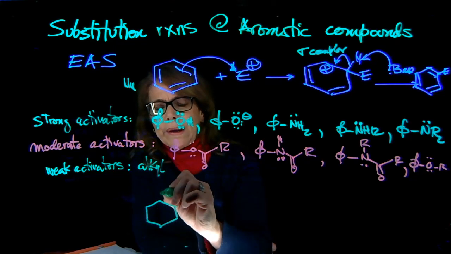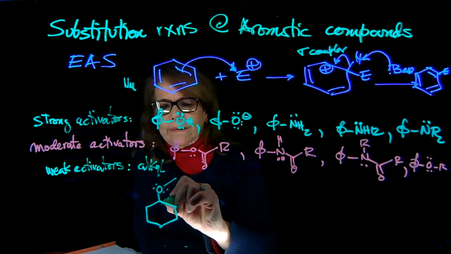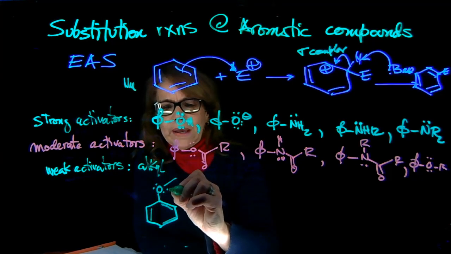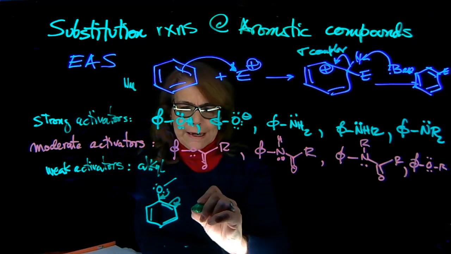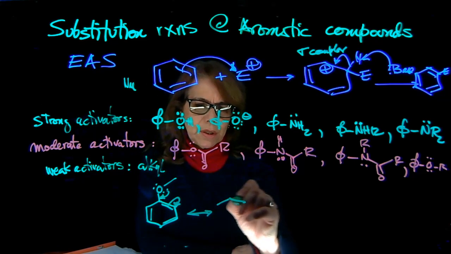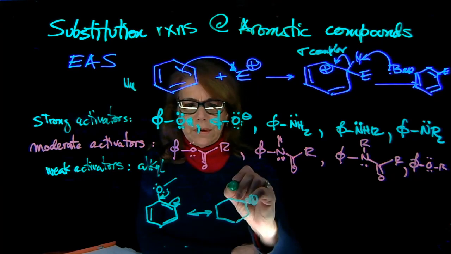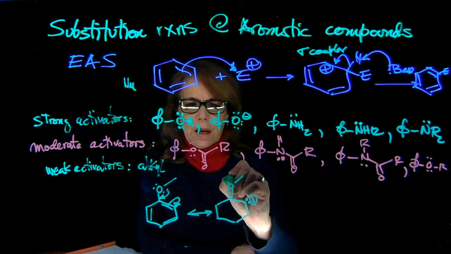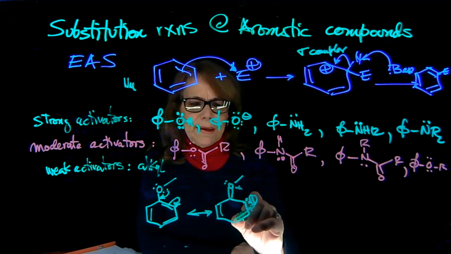So when we have, and I go back to the anisole example, when we have anisole, we said that we can do resonance, and here you will put, say, a negative charge here, and you can keep moving that.